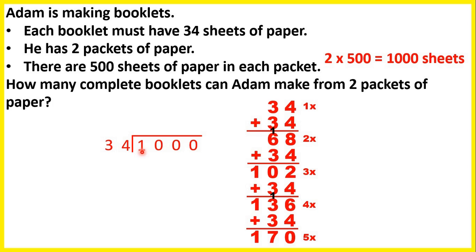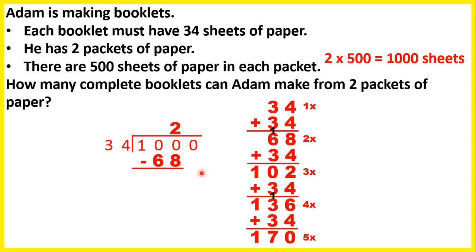So if we take the first 3 digits together, we have 100 divided by 34, and the closest number to 100 that's still less than 100 is 68. So we can write that below, and because it's 2 times, we can have 2 in our answer line.